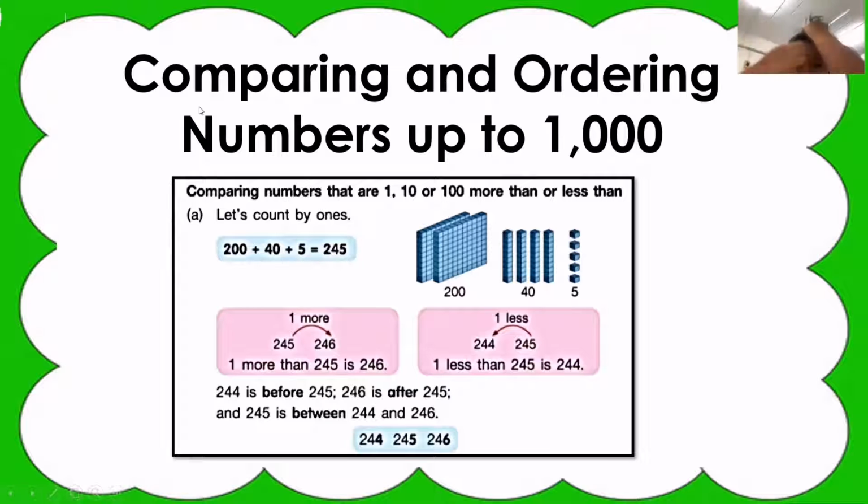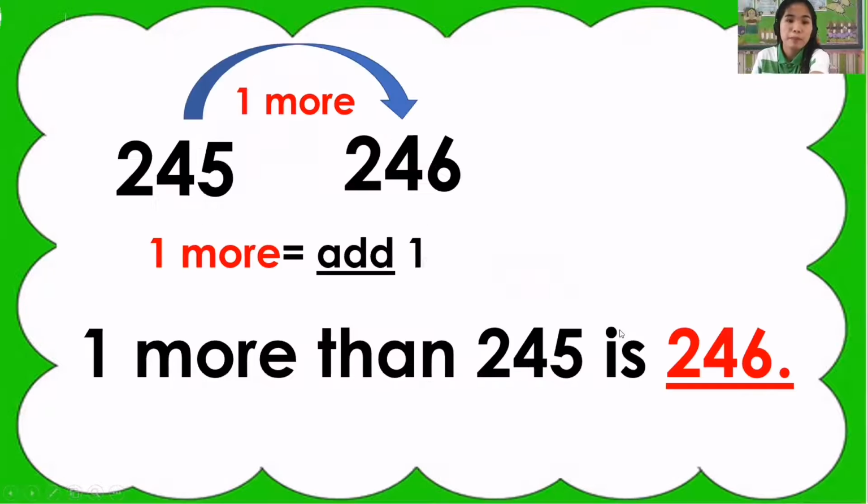This is all about comparing and ordering numbers up to 1,000. First, we are going to count by one. Let's have this number. Please listen carefully, grade 2.